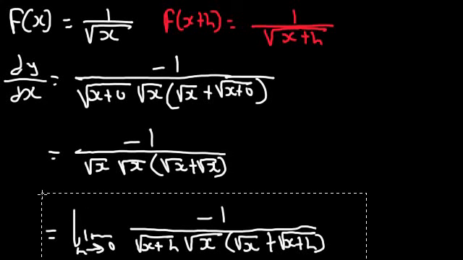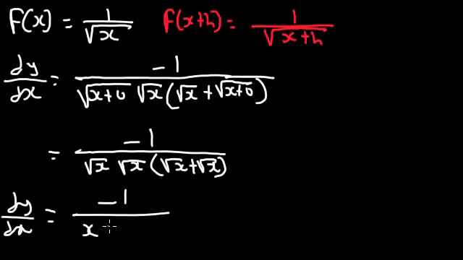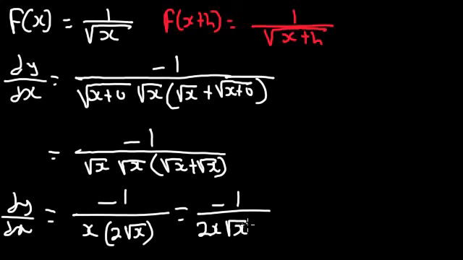And finally, dy/dx tends to be equal to negative 1 divided by, since these are multiplying themselves, x multiplied by 2 root x. You can see these are like terms and we are adding them. So multiplying them again, we have negative 1 divided by 2x root x. And this turns out to be the derivative of the function y equals, or f of x equals 1 over root x.